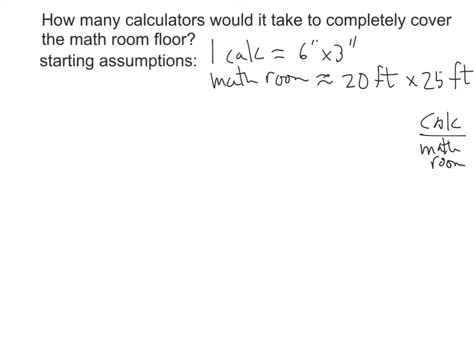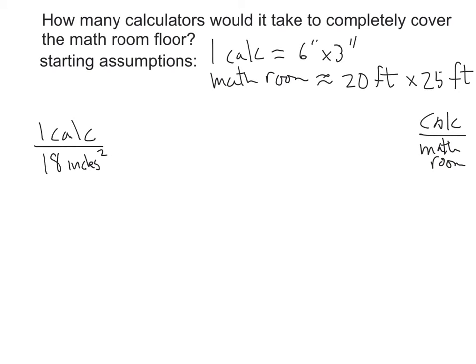Since our units are calculators per math room, we want to start with one calculator. And remember, this is an area problem, so we need to realize that 6 inches by 3 inches is 18 inches squared. Okay, so that's going to give us the requirement that we have to convert from square inches to square feet in order to get the math room.